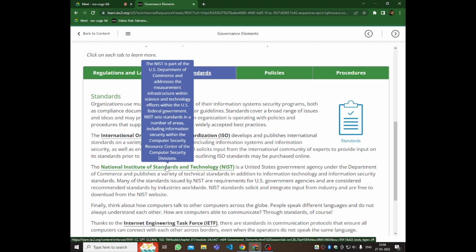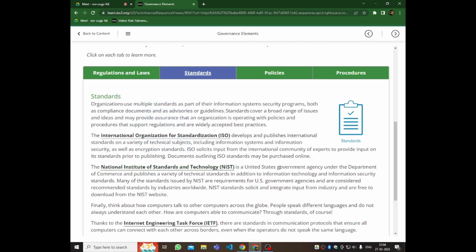NIST sets standards in a number of areas, including information security, with the Computer Security Resource Center of the Computer Security Division. It publishes a variety of technical standards in addition to information technology and information security standards.